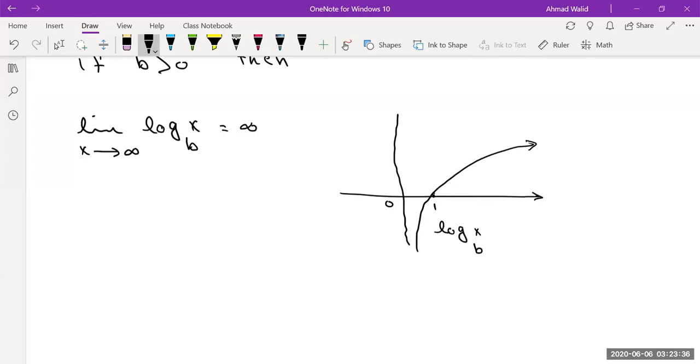As x approaches infinity, as you are moving to the right towards positive infinity, here you can see log of x base b is moving up towards what? Towards positive infinity. When your x is moving towards infinity to the right, your log is moving up towards positive infinity, correct?